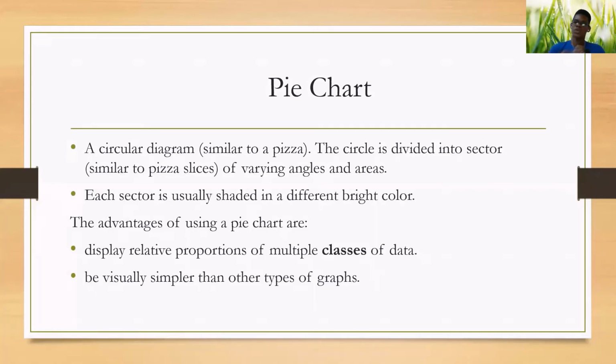I went through how circles are divided and what sectors are, remember, bounded by 2 radii and a curve. The circle is divided into sectors of varying angles and areas. So the area for each sector will vary depending, of course, on the data and the frequency. Each sector is usually shaded in a different bright color.